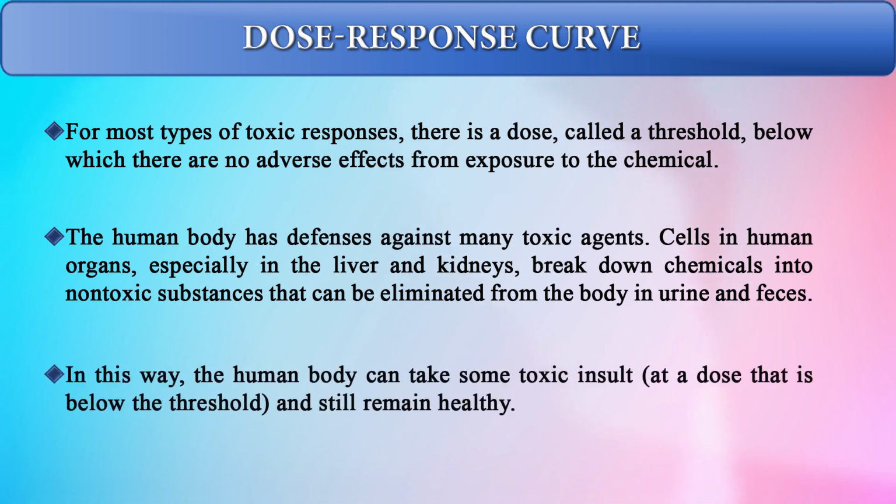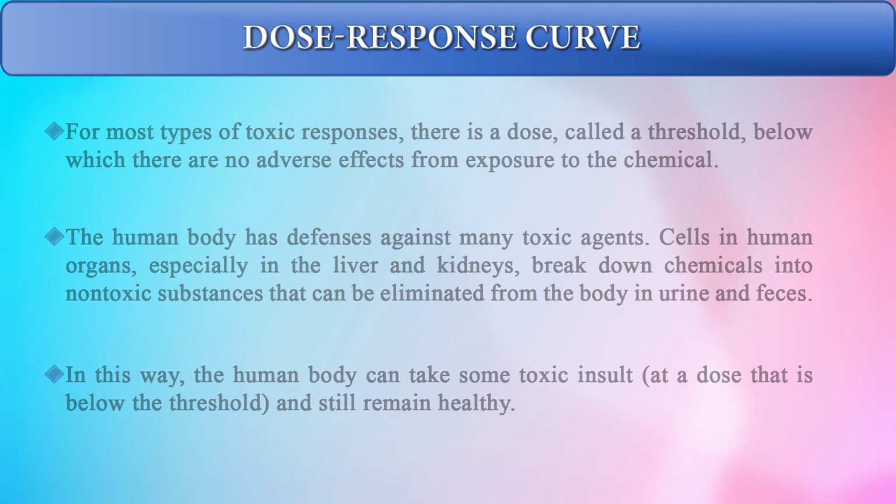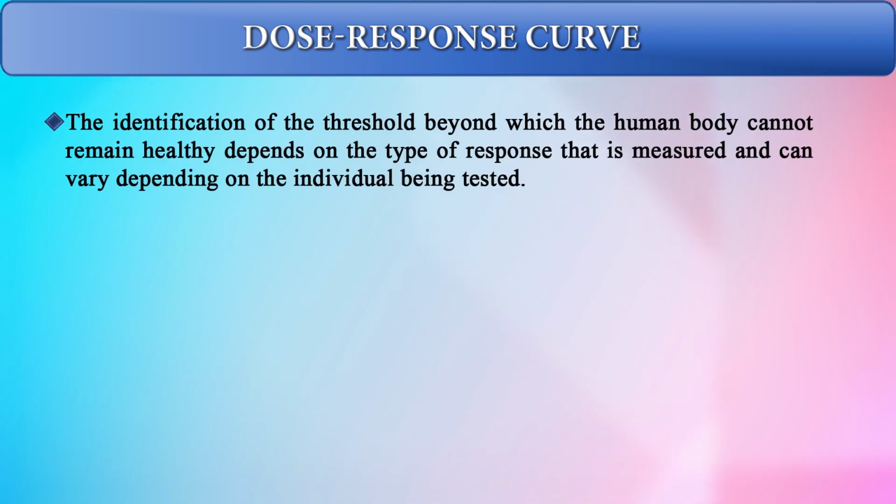In this way, the human body can take some toxic compound, at a dose below the threshold, and still remain healthy. The identification of the threshold beyond which the human body cannot remain healthy basically depends on the type of response that is measured and can vary depending on the individual being tested.